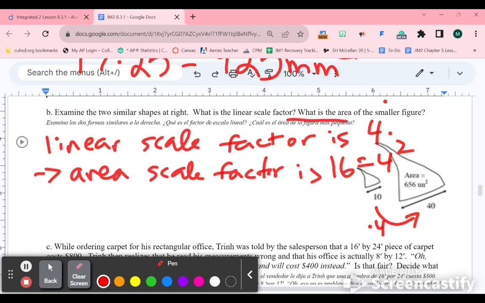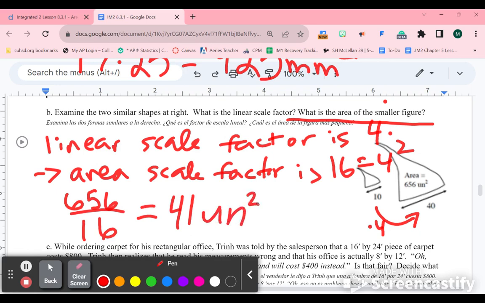Now, what is the area of the smaller figure? Well, to get from the small figure to the big figure, I would multiply by 16. To go in the other direction, I would divide by 16. So I'm going to do 656 divided by 16, and that is 41 units squared. That's the answer.